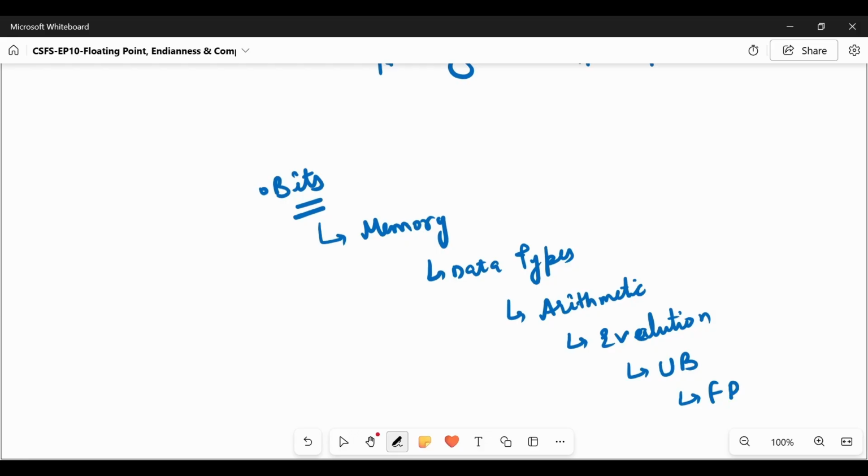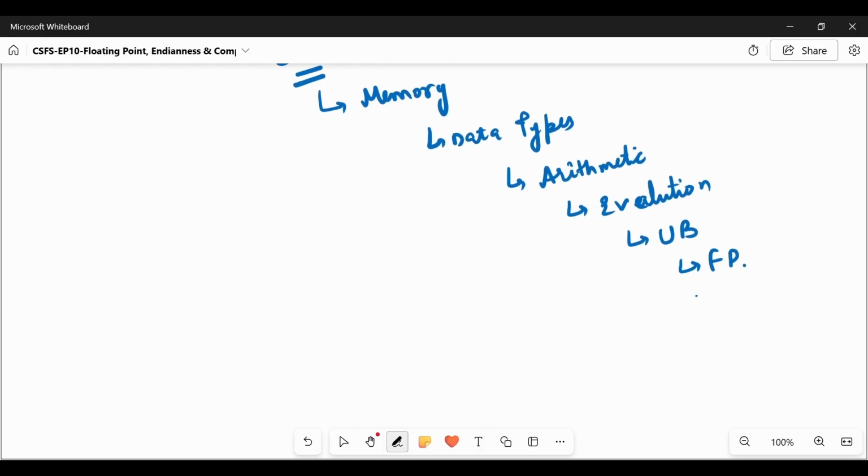Finally, this episode on floating point and compiler reality. It is a long journey we have covered in our 10 episodes. So we can say that we can no longer write a C program as text. Now we write code as a transformation of memory and values under the language rules or language contract.